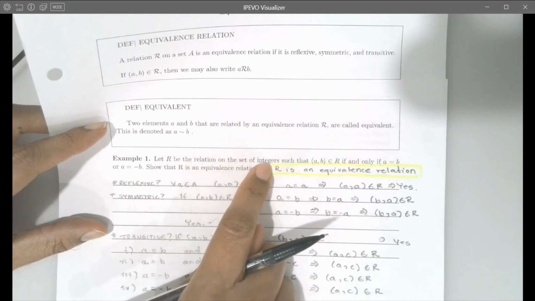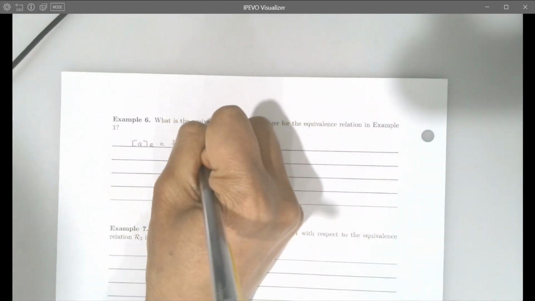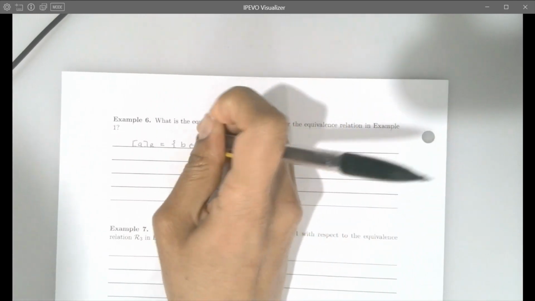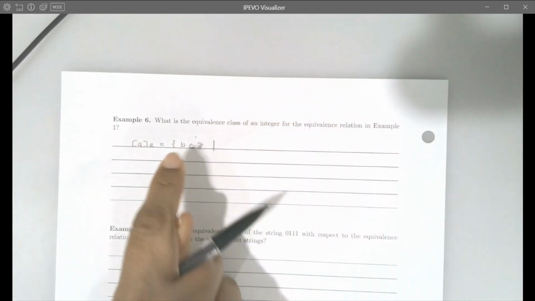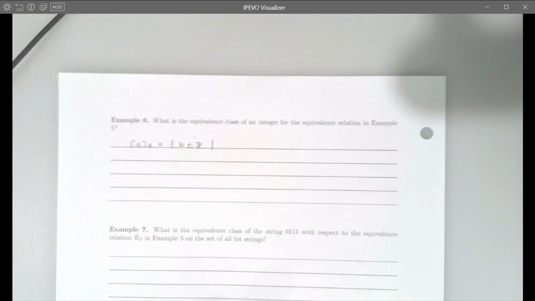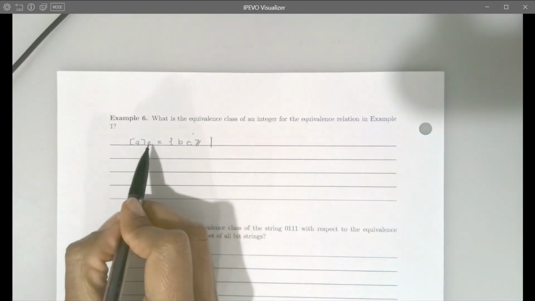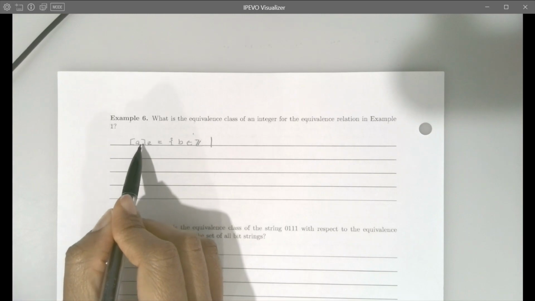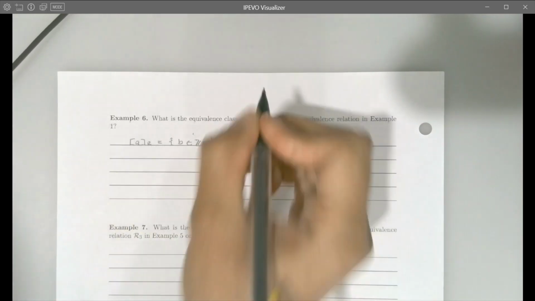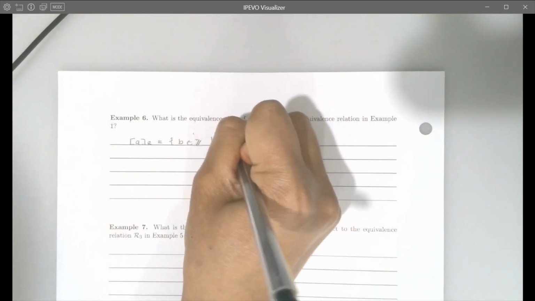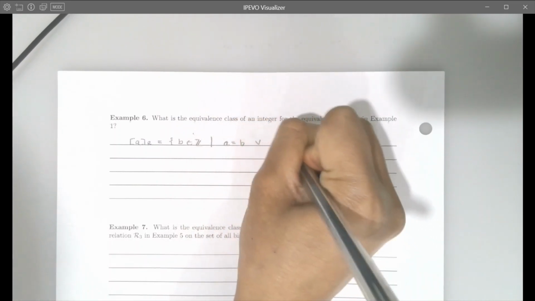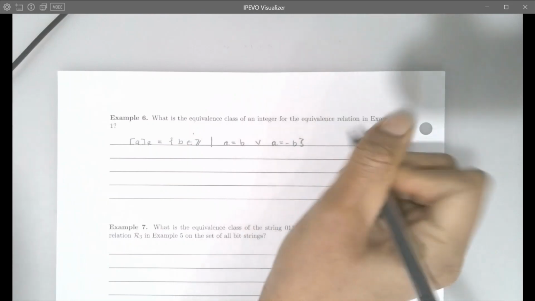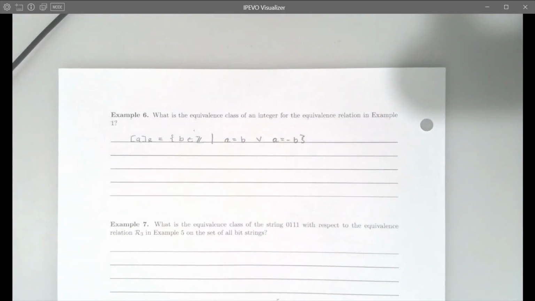R was a relation on the set of integers, so it's the set of all integers such that that integer could potentially be paired up with a under relation R. Now, how can it be paired up with a under relation R? It can be paired up if a is equal to b or if a is equal to negative b. That's in general the equivalence class.